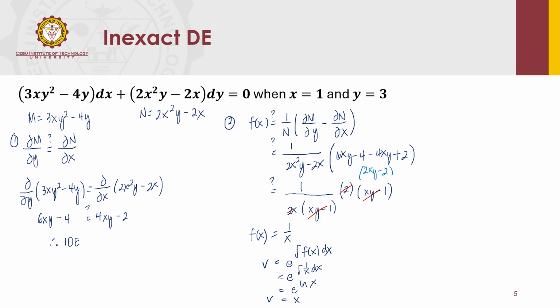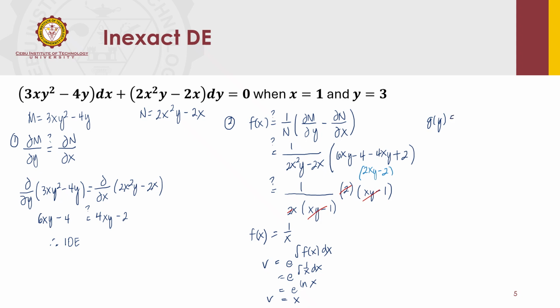So just to check, another way of proving if the integrating factor is pure x or pure y. Let's check if this would result in a non-pure function of y.